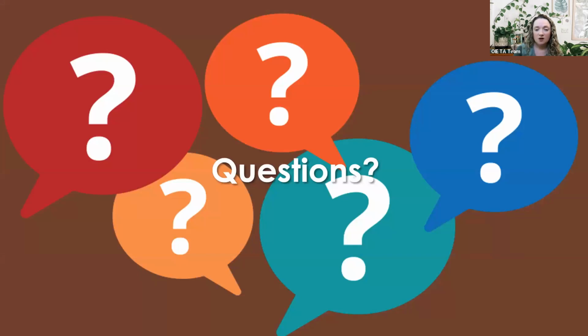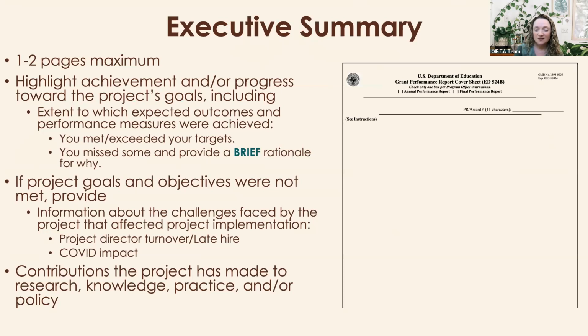Which means then we're going to move over to our executive summary. So your executive summary is where you get to put together a narrative really highlighting what you've achieved during this reporting period, the progress you're making towards your goals.